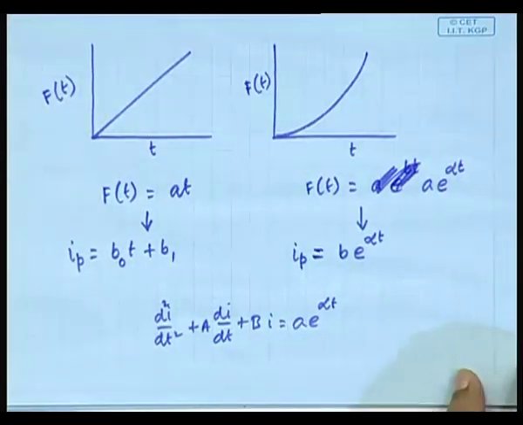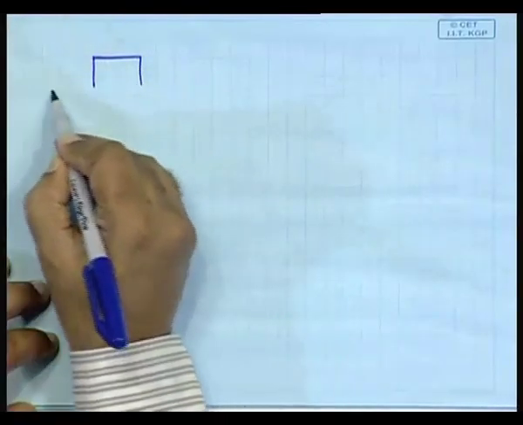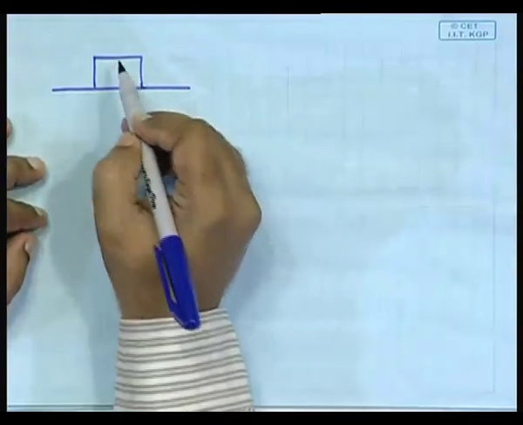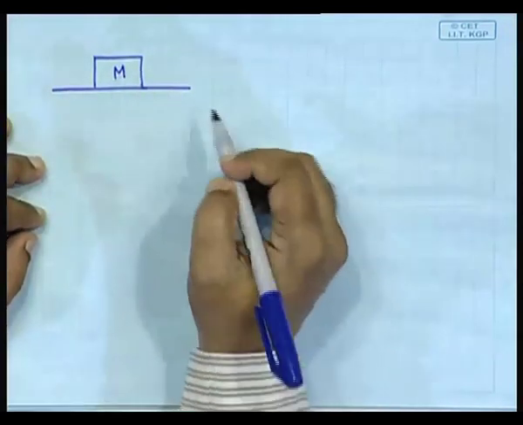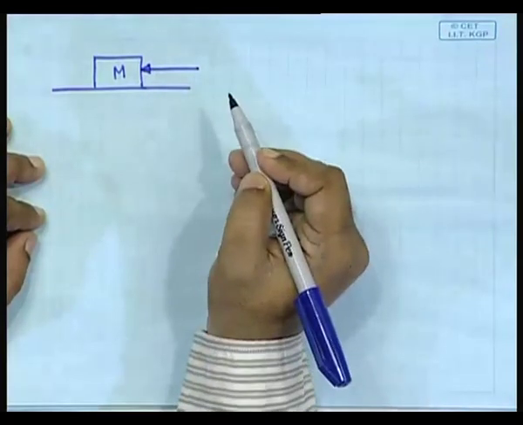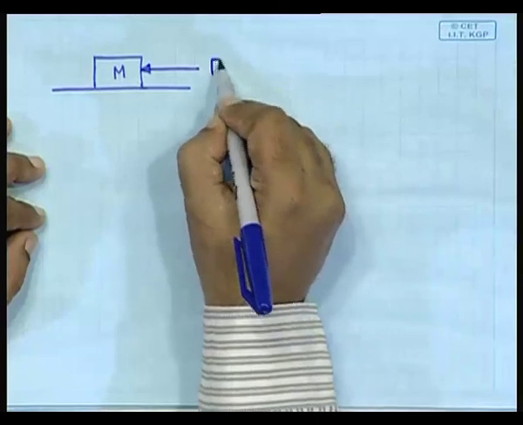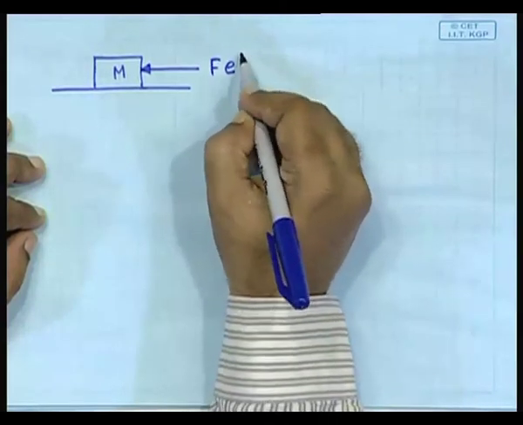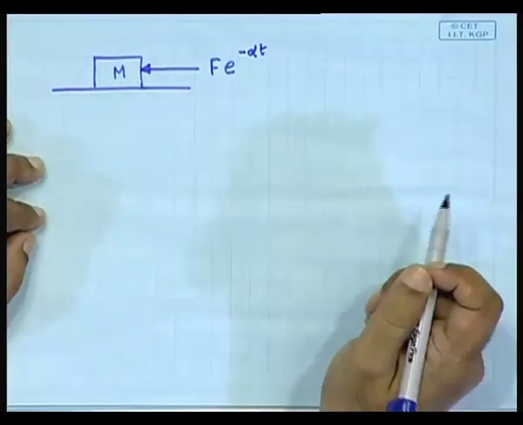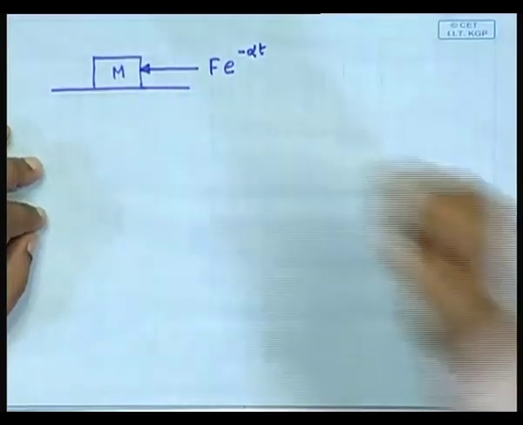Got it? So, let us do one exercise with this kind of a situation. Suppose you have got a mass m resting on a plane, and suppose it is being acted on by a force f e to the power minus alpha t, which means this force itself is exponentially decaying.